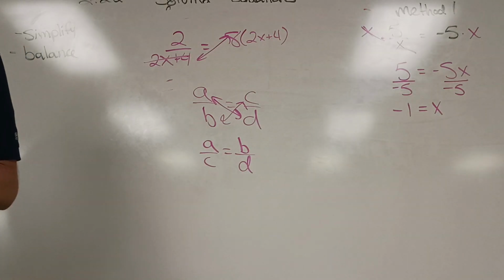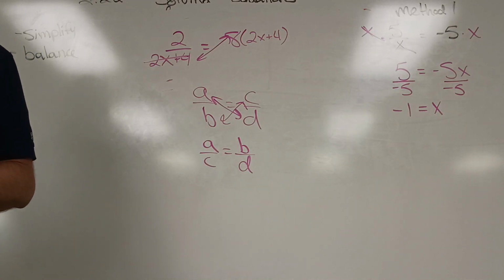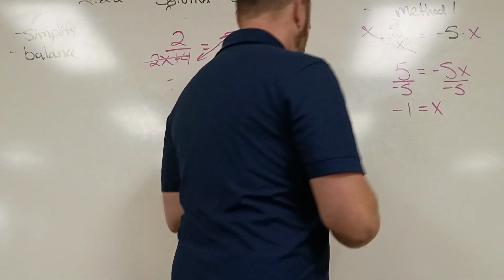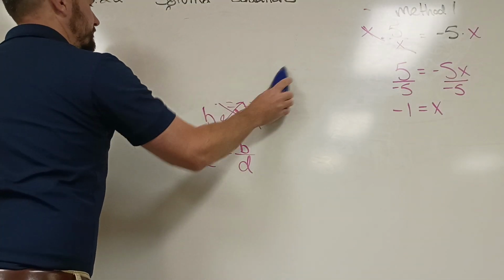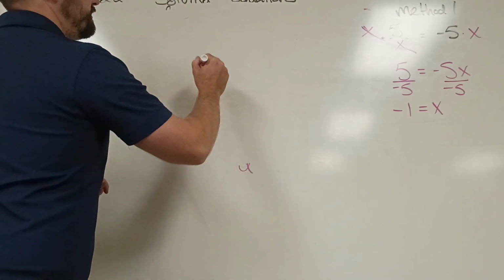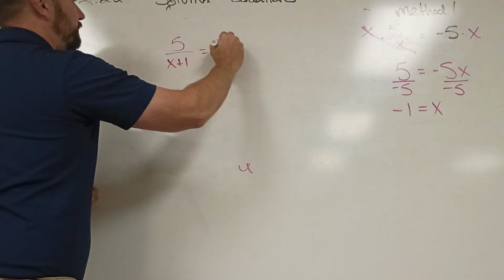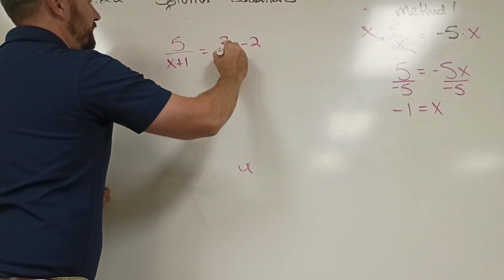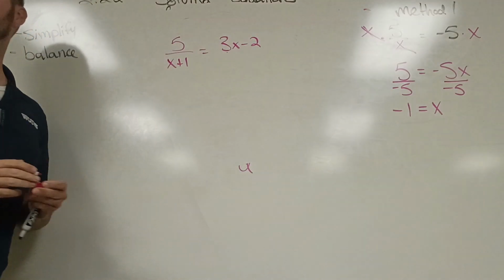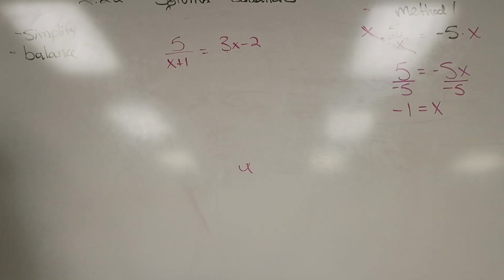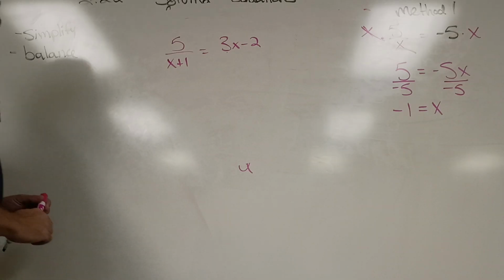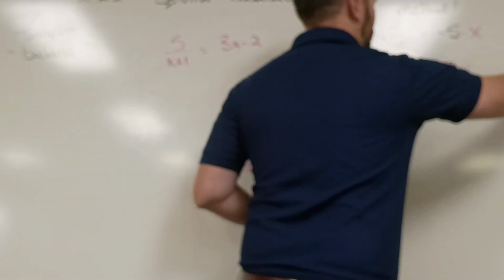Like adding, subtracting, and such. You could, but there'd be no point to it. Like if there's variables. So this is really good questions, guys. Like if I had 5 over x plus 1 equals 3x minus 2, could I switch those? Yeah, but it's not going to get you anywhere. So the shortcut's only really good if you just have one variable.